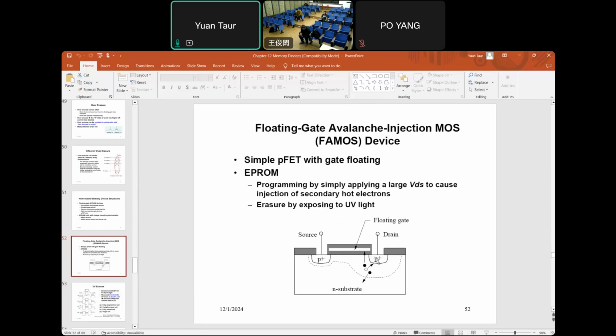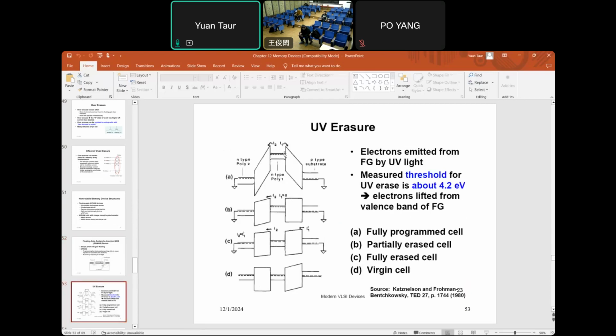And for erasure, you cannot tunnel, but you are exposed to UV light to get the charge out of the floating gate. Okay? So the UV wavelength has to be short enough that the energy exceeds 4.2 eV, so that the electron actually comes out of the valence band.